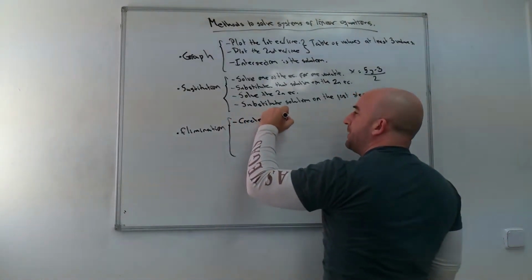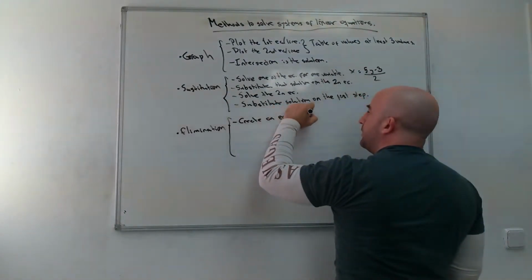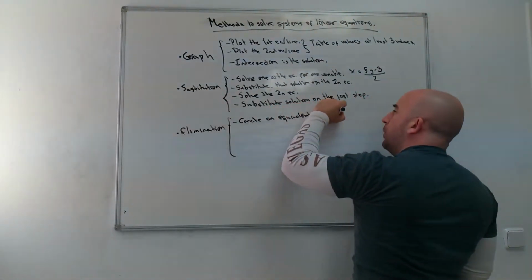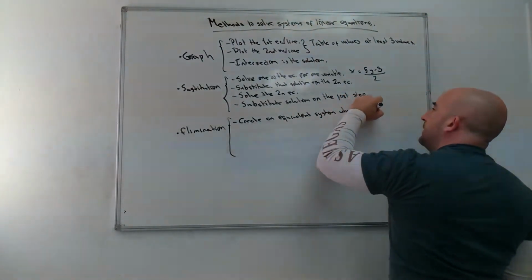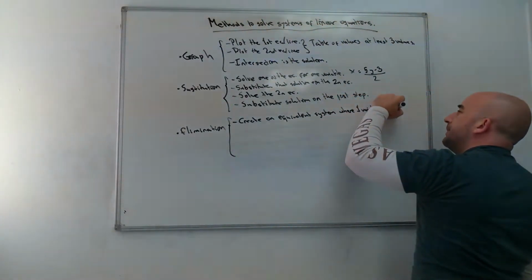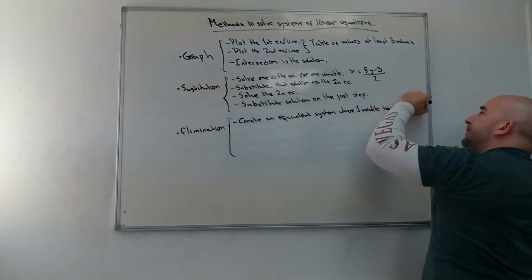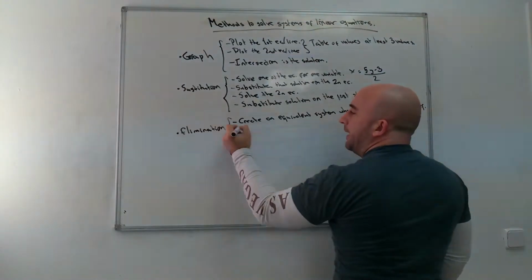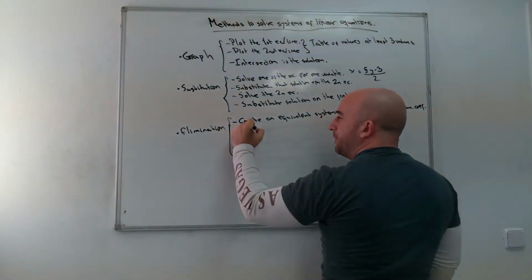Okay? So create an equivalent system where one variable has the same coefficient. Then you have to subtract both equations.